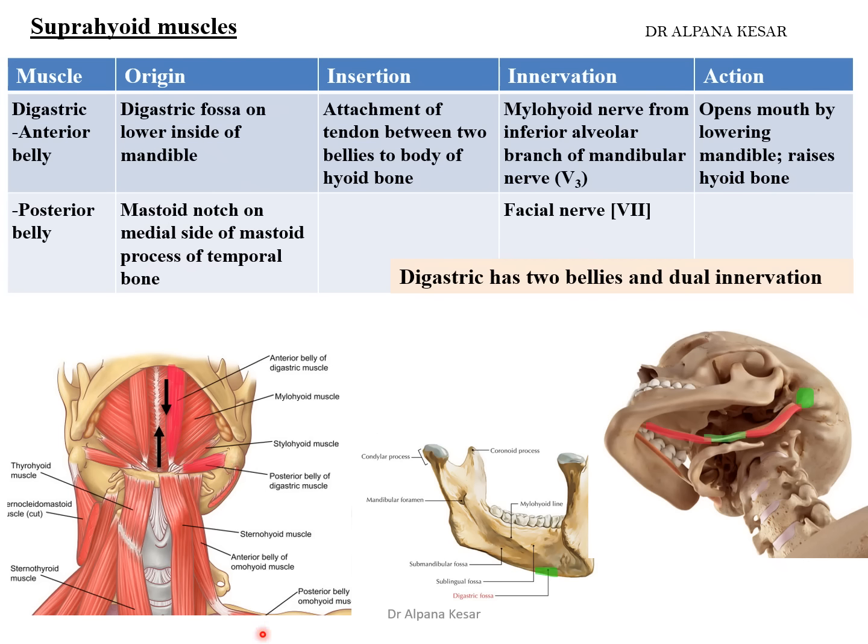The anterior belly of digastric takes origin from the digastric fossa, which is present at the lower border of the body of mandible. The posterior belly takes origin from the mastoid process on its medial surface and from the mastoid notch.